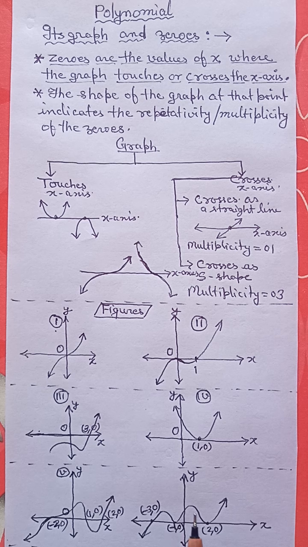Similarly, here the graph touches the x-axis at (2, 0) and therefore x equal to 2 is a zero with its multiplicity 2. Hence, we can easily determine the degree of the polynomial whose graph we are looking at by these methods.